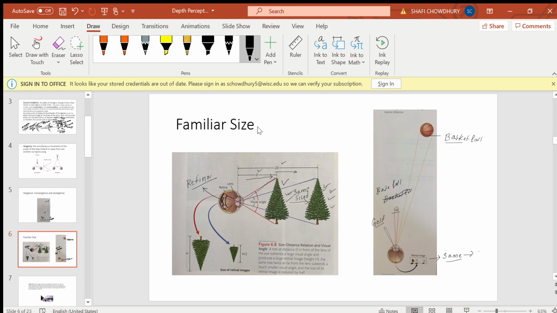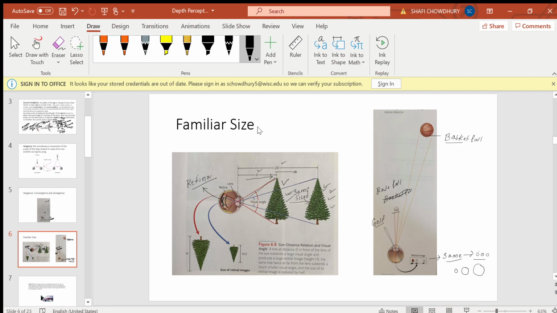Because from our experience we know that if they are at the same distance, the image of the golf ball on the retina will be much smaller than the baseball, and the basketball will be much bigger than the other two, right?